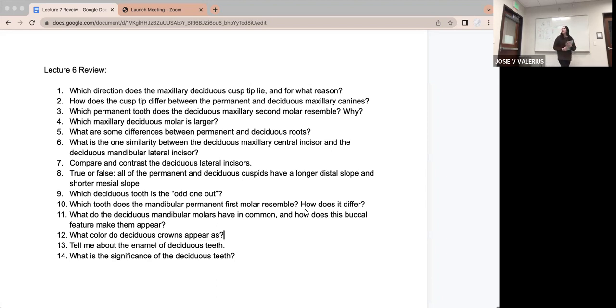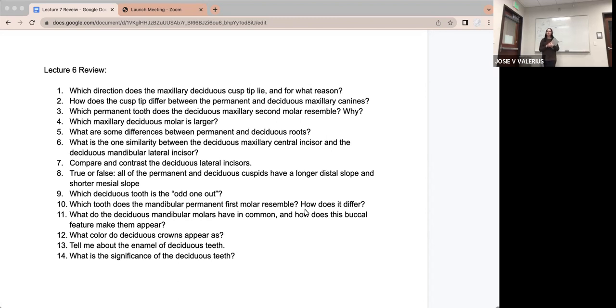Okay, number 3, which permanent tooth does the deciduous maxillary second molar resemble and why? Is it the permanent maxillary first molar? Yes. For what reason? What are the similarities in their shape or how they look?